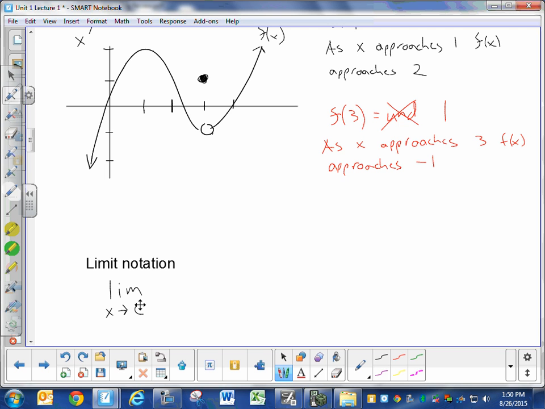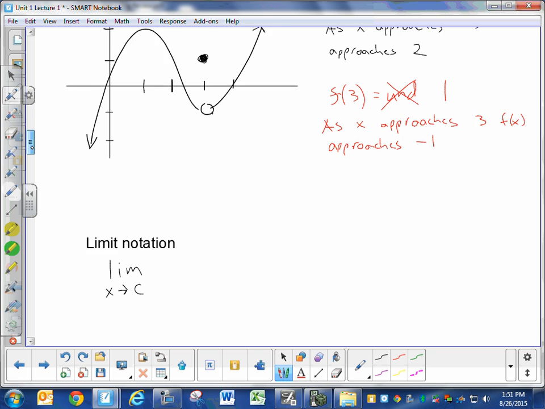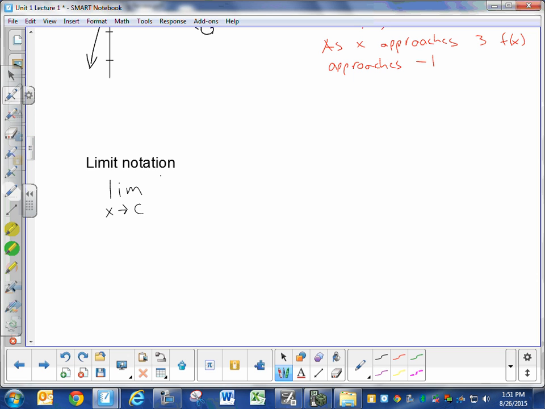I will use c. Then f of x next to it is equal to some value L, which is a y value, an output.